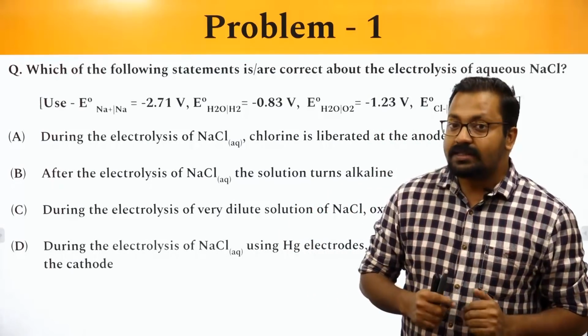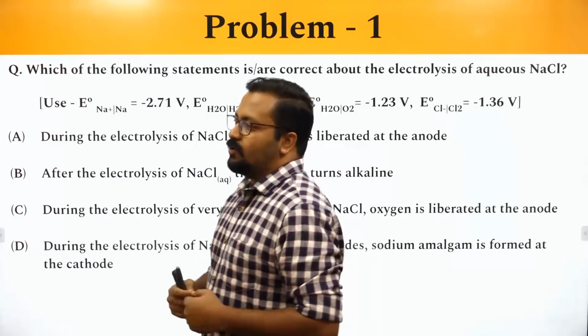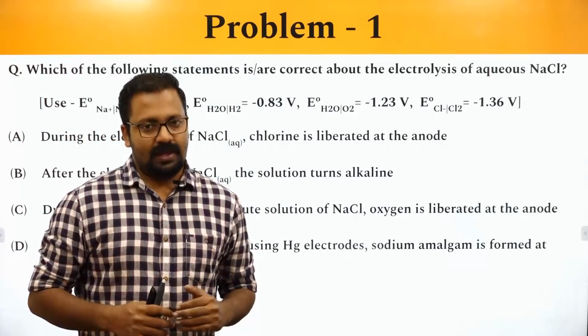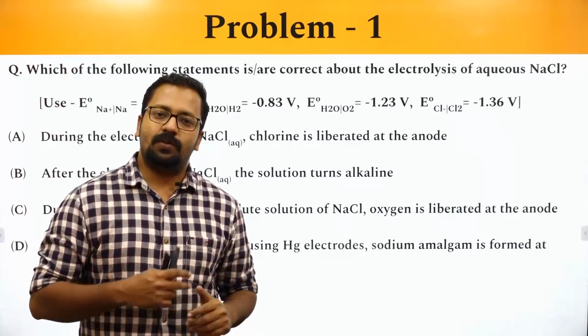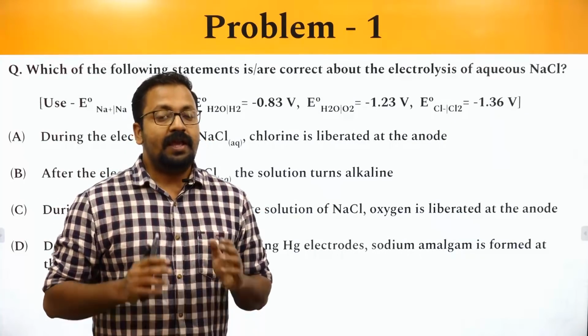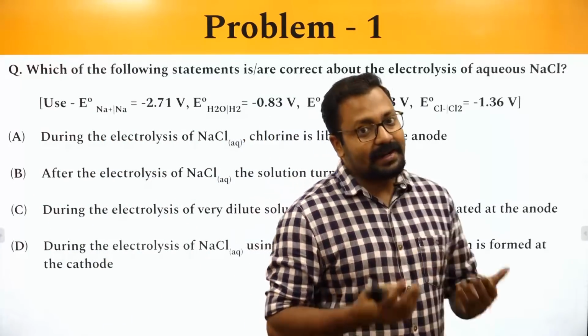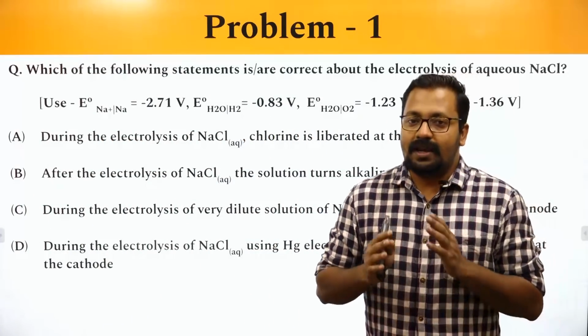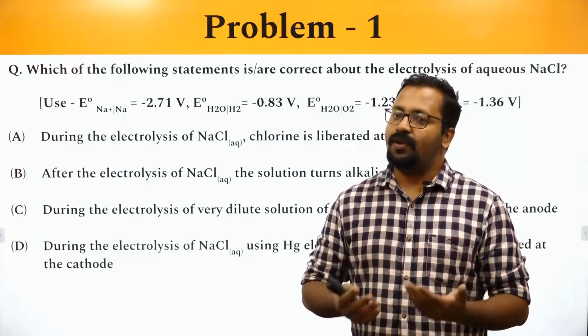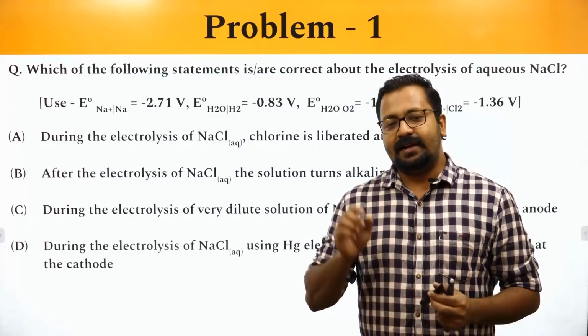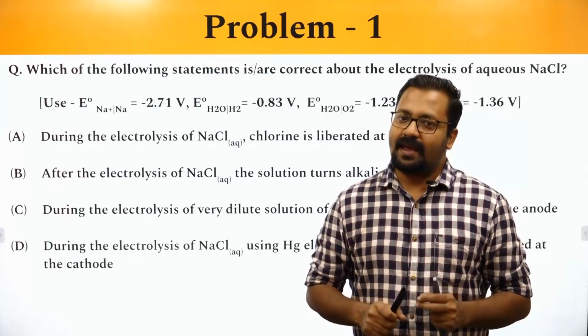Now, how do you judge on the basis of these? Suppose I have to oxidize something. There are two competing reactions which are trying to undergo oxidation. The one which has the most negative delta G value or the least positive delta G value will be more favorable. आपको याद होगा, we had discussed earlier that delta G is equal to minus nFE.